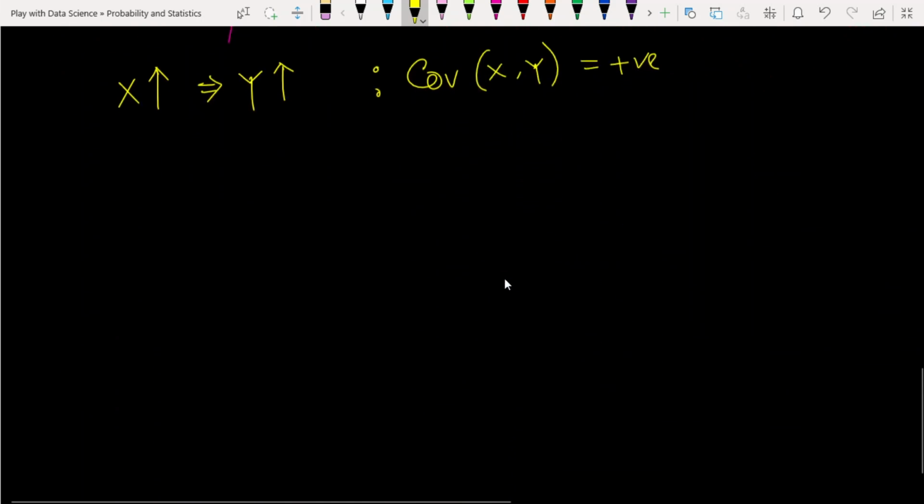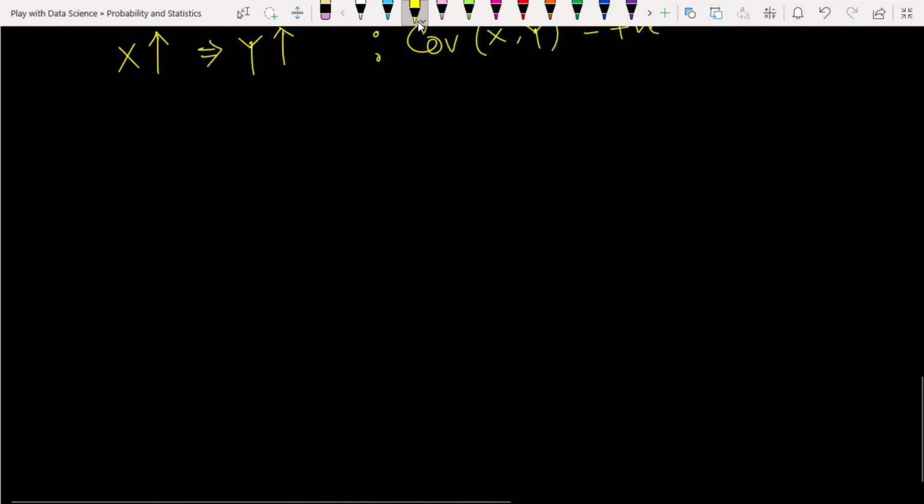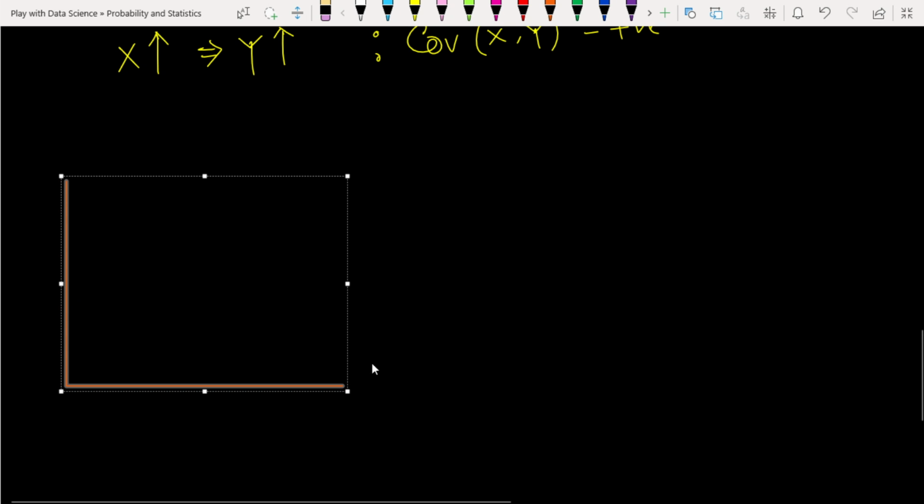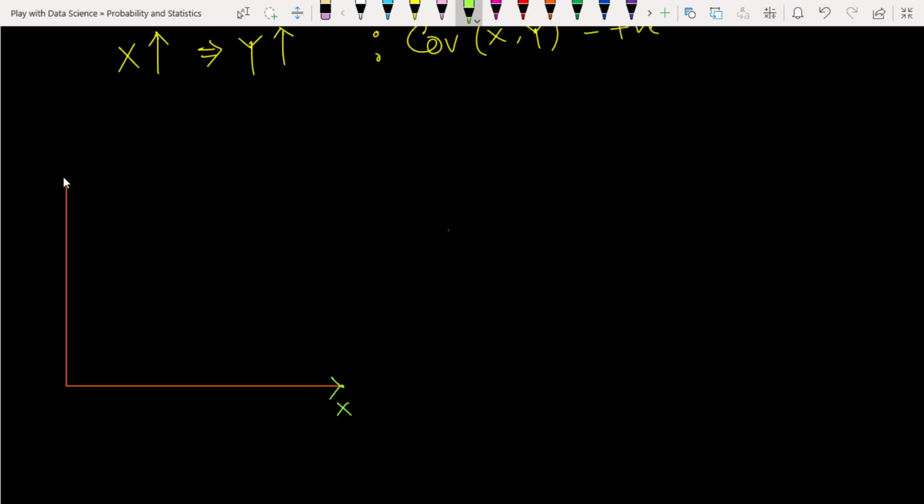Now let's discuss the other case. The other case looks like this type. Suppose this is our scatter plot, this is the x random variable, and this is the y random variable.